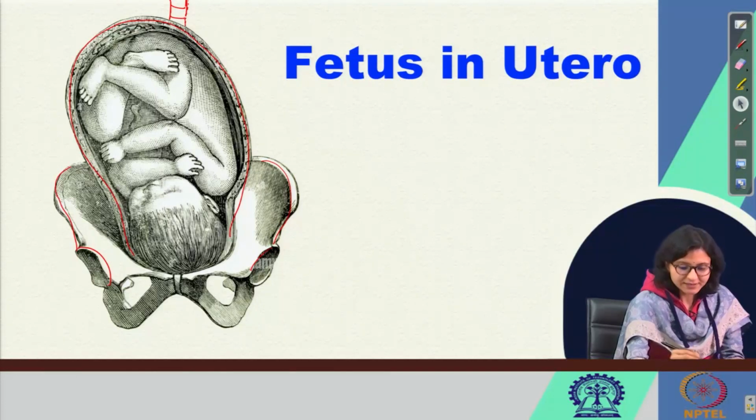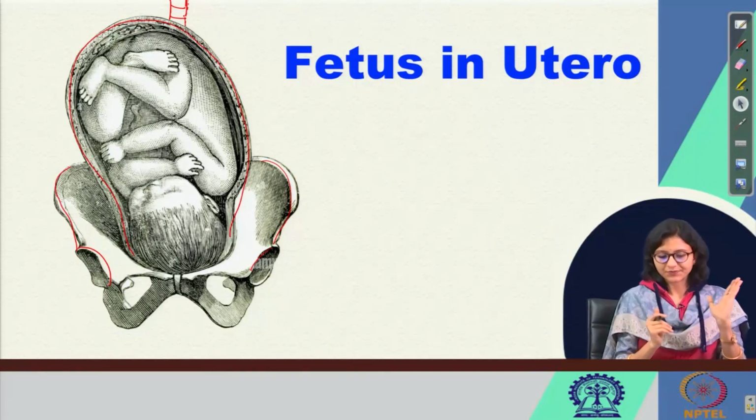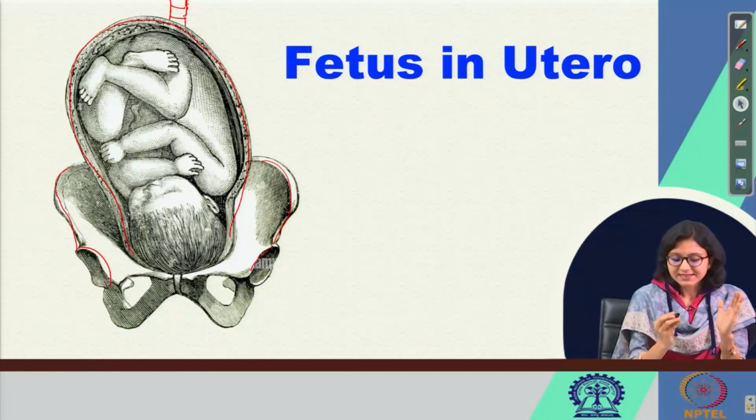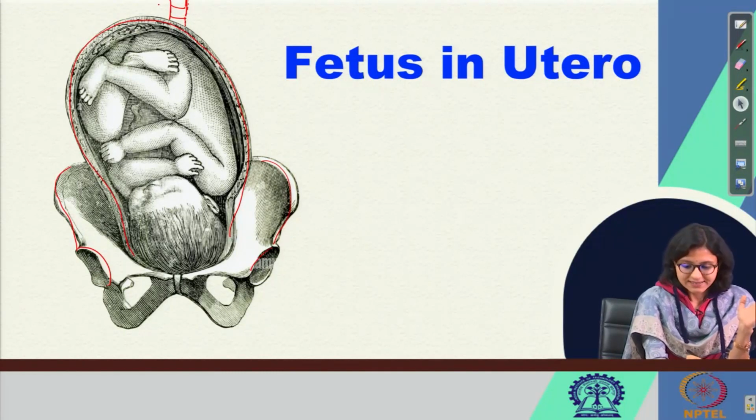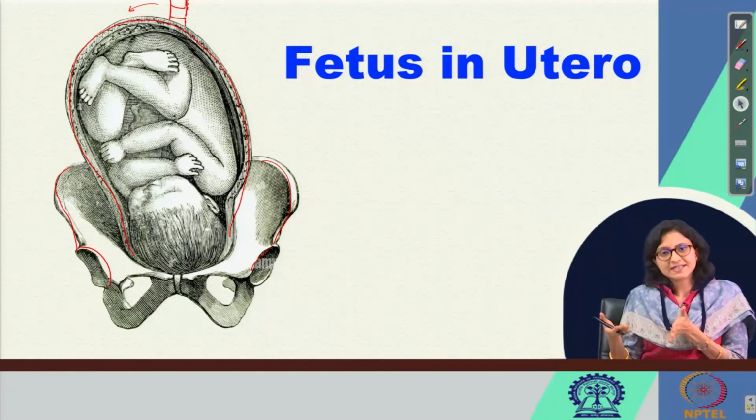Now see, the uterus is slightly dextro-rotated towards the right of the maternal spine, and this is normal in pregnancy.